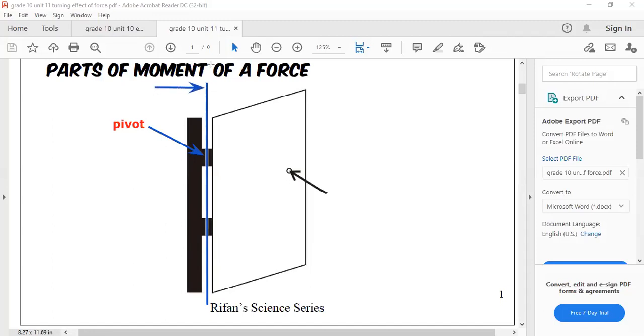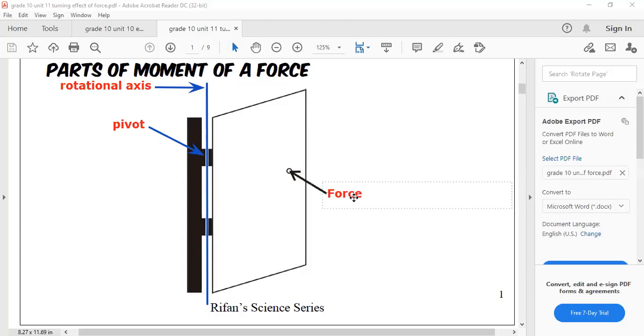This imaginary line is called rotational axis. What is the name given? Rotational axis.